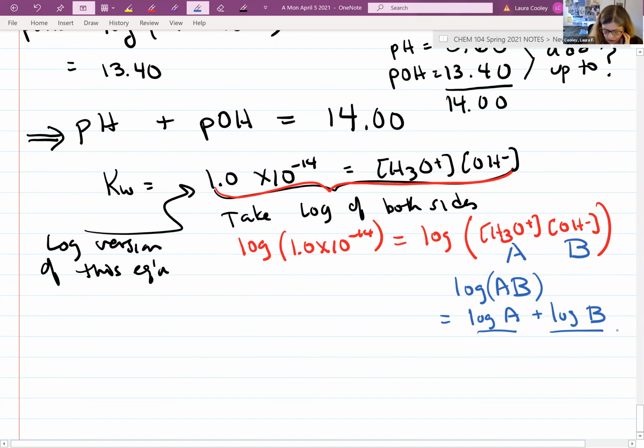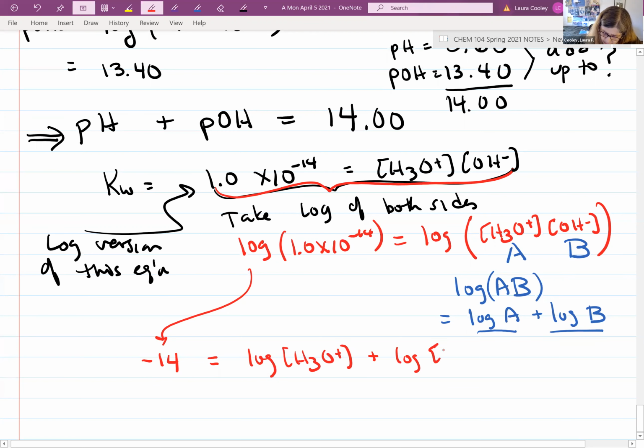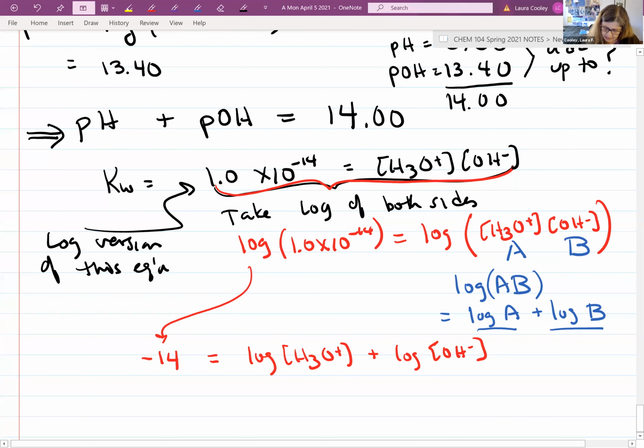Okay. So that means that, first of all, the log of 1 times 10 to the minus 14th is negative 14. So that is the log of the H3O plus plus the log of the OH minus.